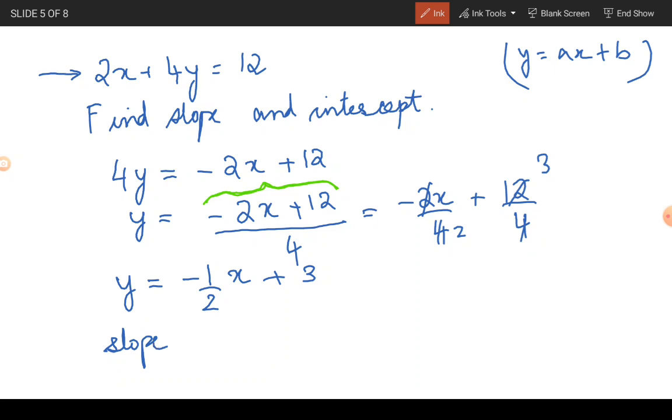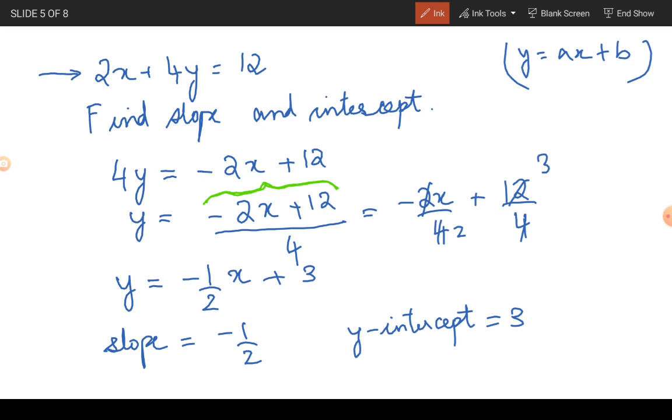So the slope of this equation is negative 1 by 2, and the intercept, even though I use the term intercept, remember I mean the y-intercept. That is, it is the point at which this particular function, if I plot, will cross the y-axis. Y-intercept is equal to b, or 3 in this case.